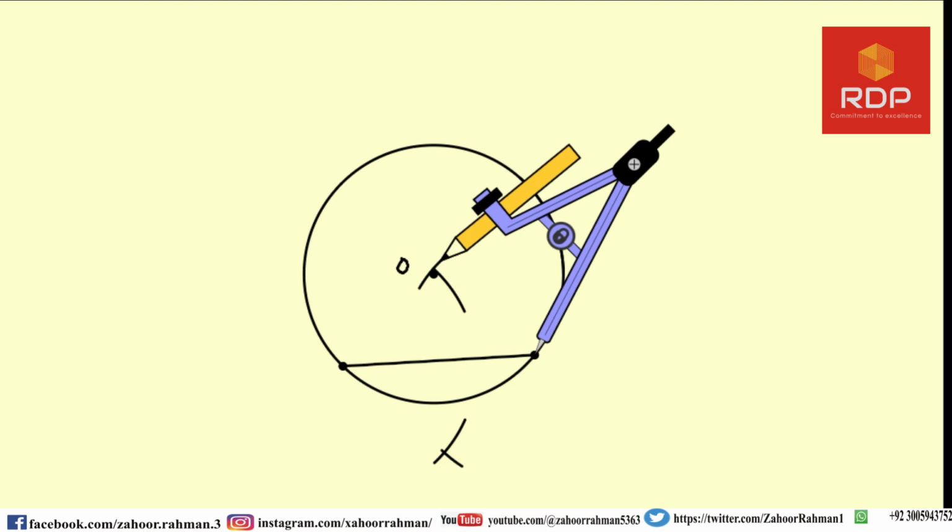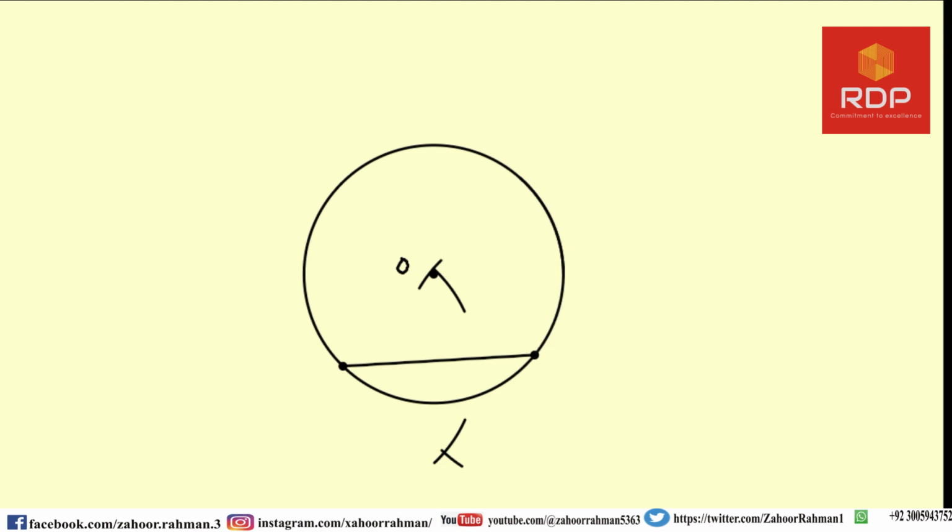So let us connect these points from here, and they are like this. So they are saying that they are P and Q.